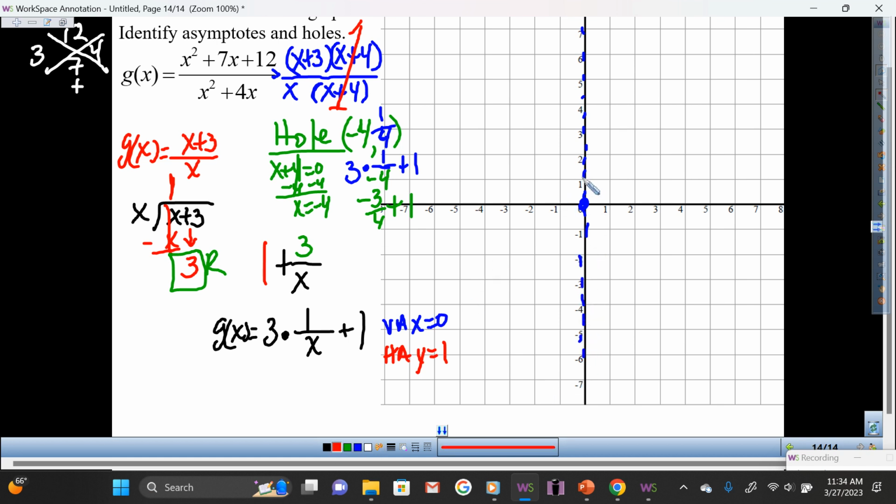HA is at 1. All right. Now for this one, look up. I'm going to start with the hole. Where's the hole at? At negative 4, 1/4, negative 4 and positive 1/4, so it's about right there.